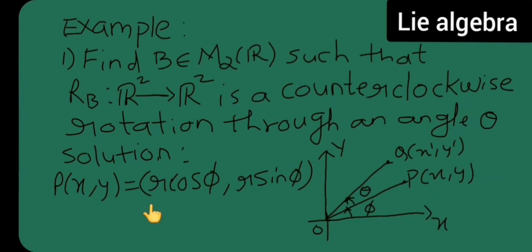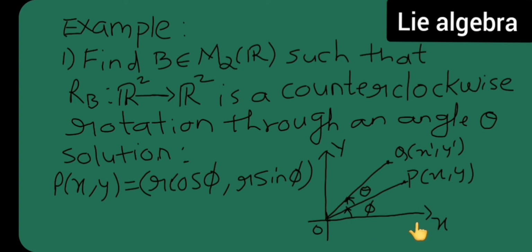Next is my example. I have to find B belonging to M2 of R such that RB, R2 tending to R2, is a counterclockwise rotation through an angle theta. Now here I have given you all the diagram.